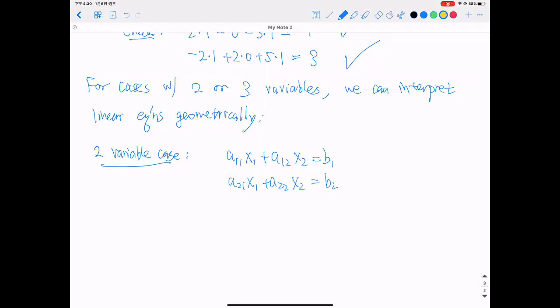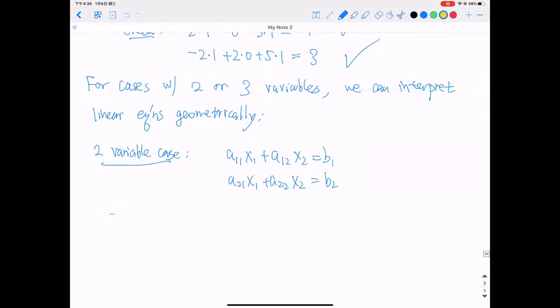Now, the point is that each equation corresponds to a straight line on the plane.